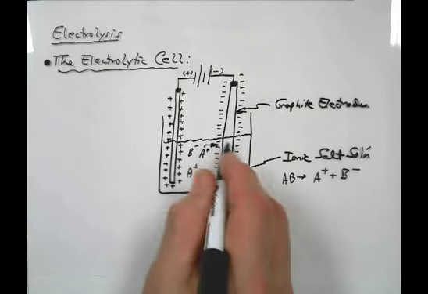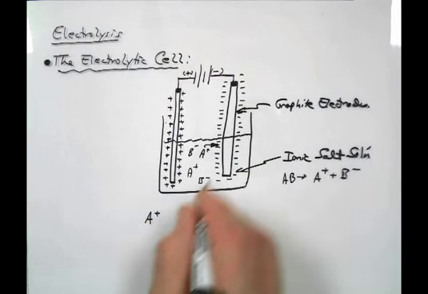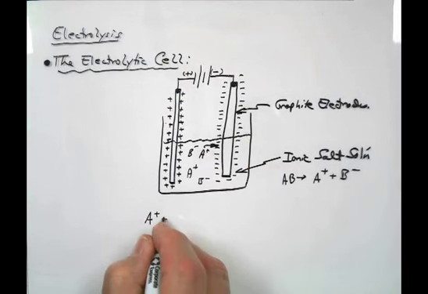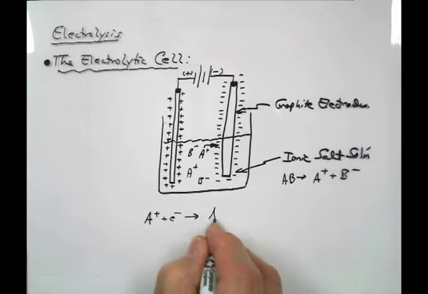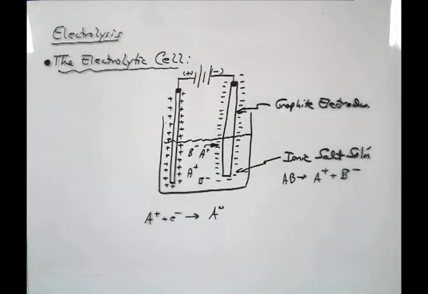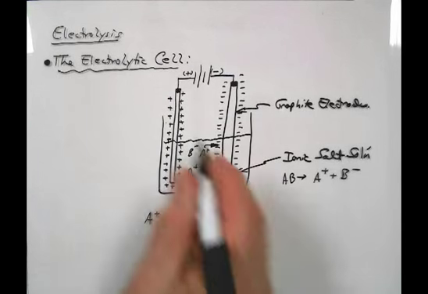A plus goes over here. A plus will go to the negative pole and gain an electron and become neutralized. I know why, I'm thinking of the galvanic process, trying to do electrolysis. Never mind. Okay. All right.